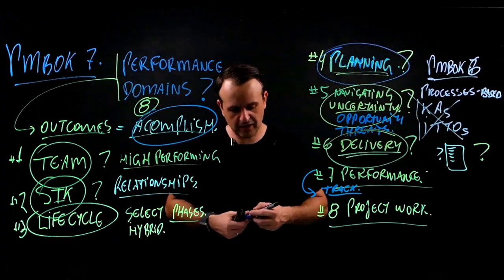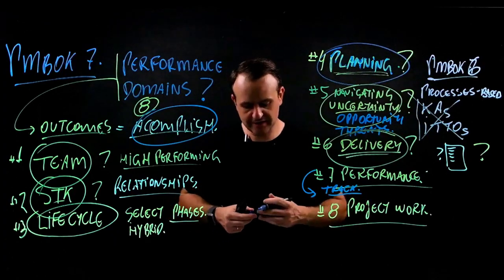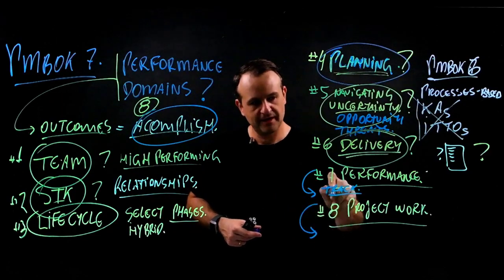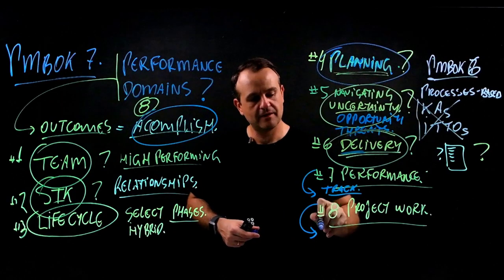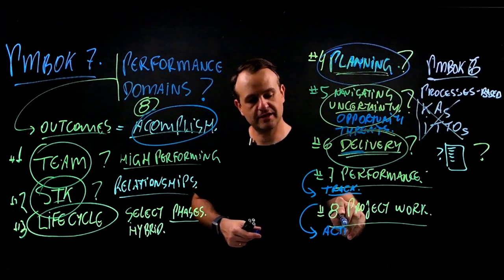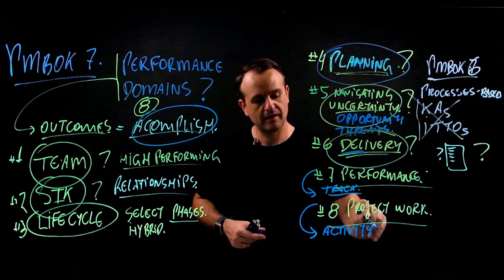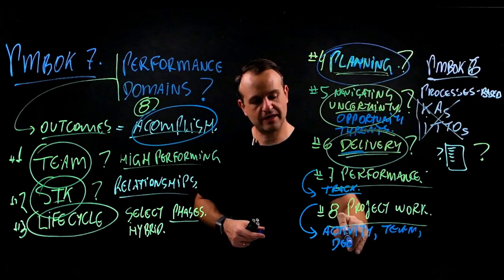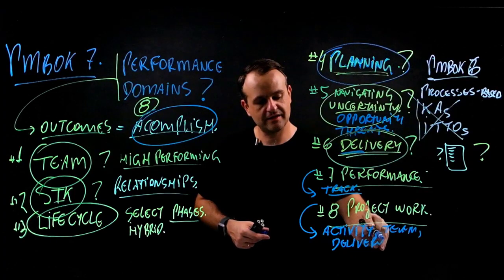When we think about the project work, this is very interesting because it's related to the delivery, but it's more related to how we accomplish the activities and the team, and also whether we made the right choices in the delivery.